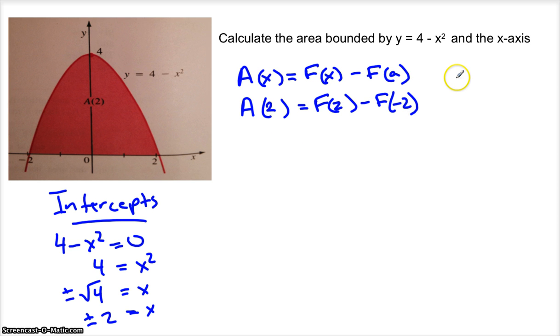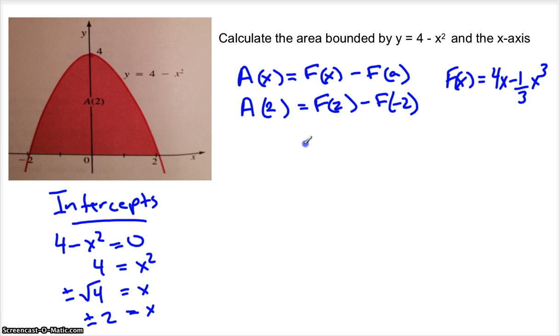So let's figure out what F(x) is. F(x) is the antiderivative of 4 minus x squared. So the antiderivative of 4 is 4x. The antiderivative of x squared, we add 1 to the exponent and divide by that, will be 1/3 x cubed.